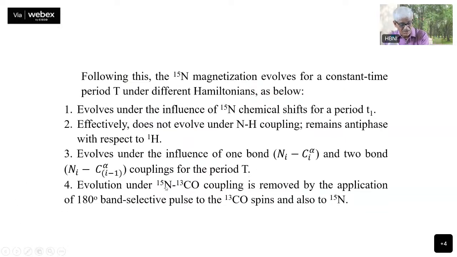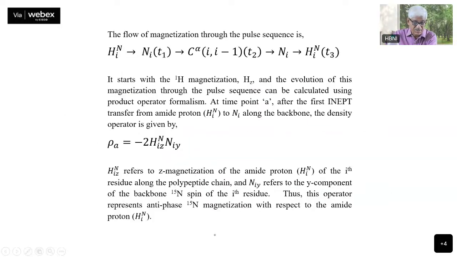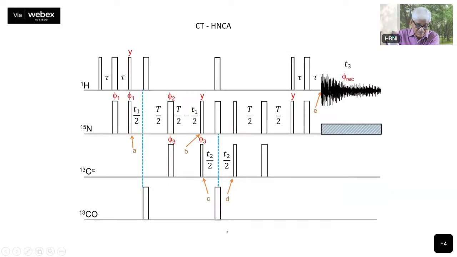Then evolution under nitrogen carbonyl coupling is removed by the application of a 180 band selective pulse to the carbonyl spins and also to nitrogen. See here, we have a 180 pulse applied here and in the middle. So this one will decouple the nitrogen carbonyl coupling at some point, and at another point this pulse also serves the same purpose.